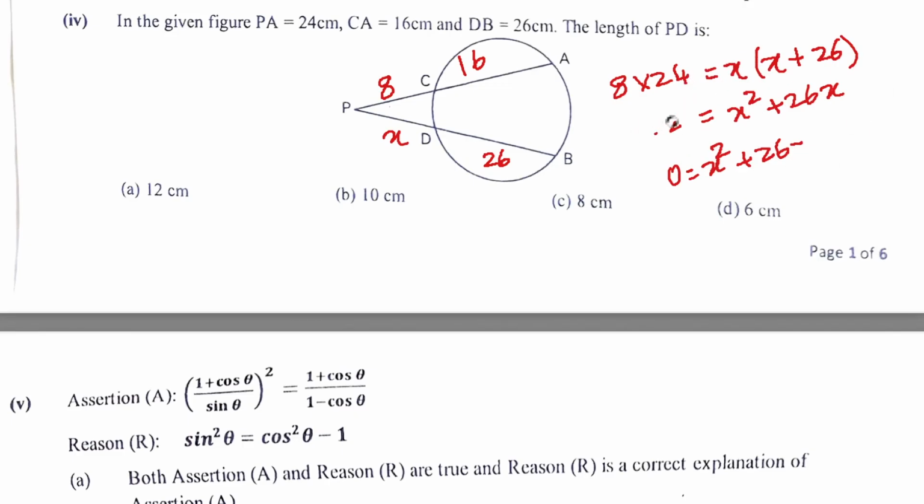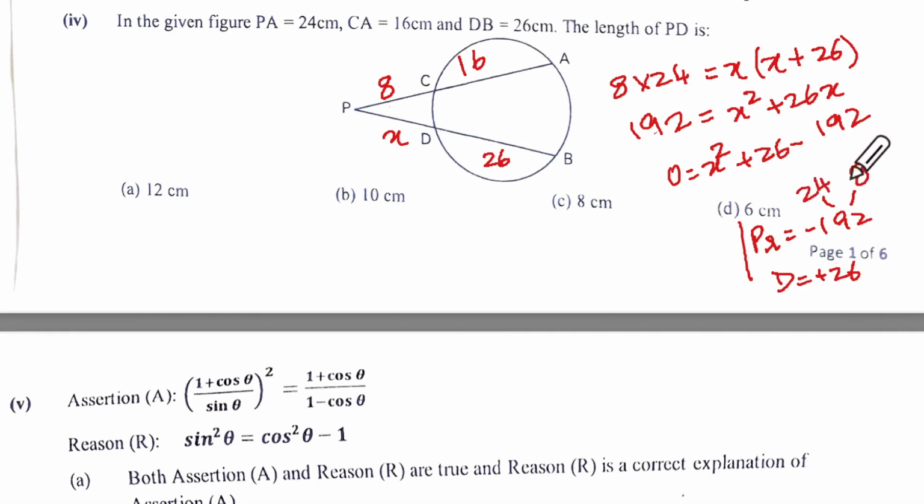Actually, I can say I was testing you, right? 8 firsts are 32, 16, 192. Minus 192 and the difference is plus 26. So here, how did we get this? 24 into 8. So now you will make this as 8 into 3, and here you'll have 4 into 2.